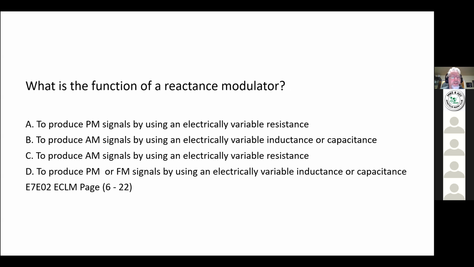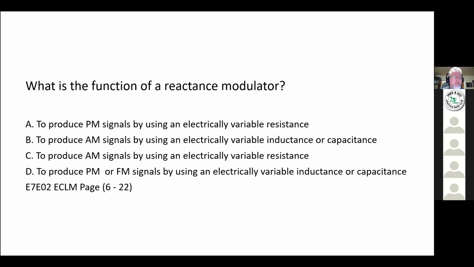What is the function of a reactance modulator? A, to produce PM signal by using an electrically variable resistance. B, to produce AM signals by using an electrically variable inductance or capacitance. C, to produce AM signals by using an electrically variable resistance.